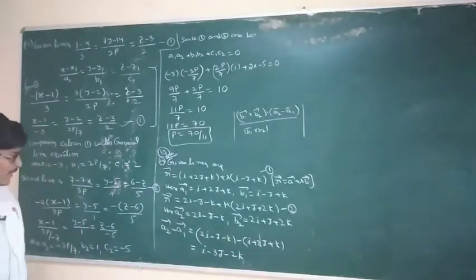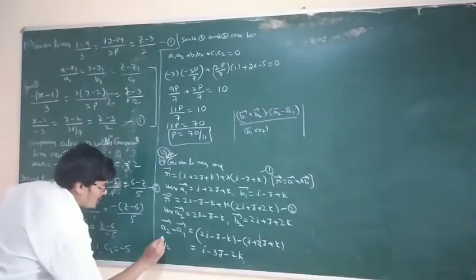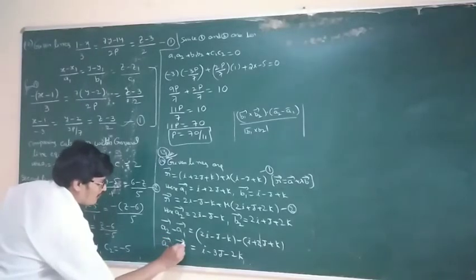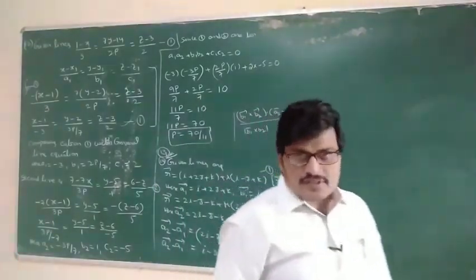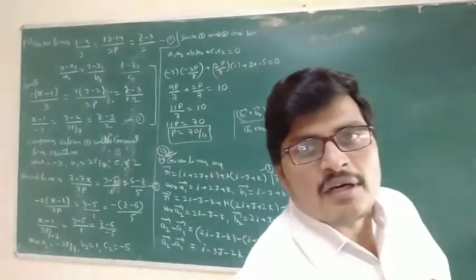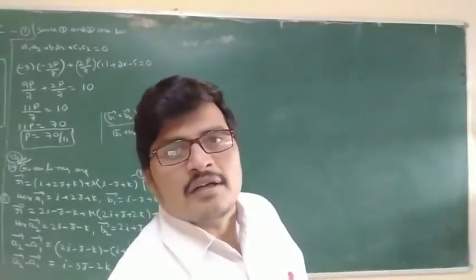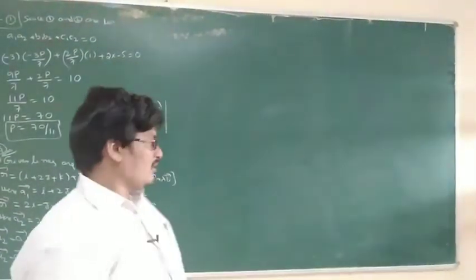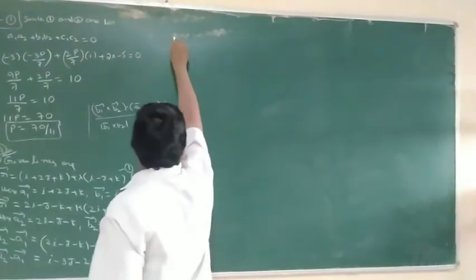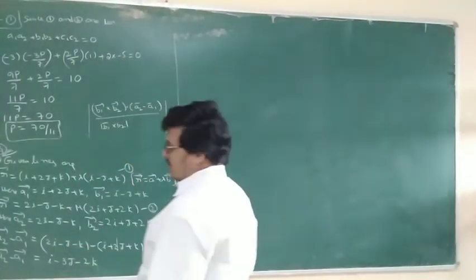So a2 bar minus a1 bar is also a vector, since a2 bar is a vector and a1 bar is a vector. Step 1, a2 minus a1.